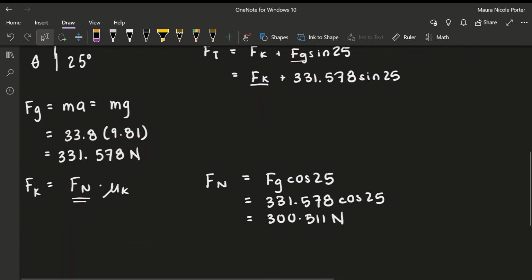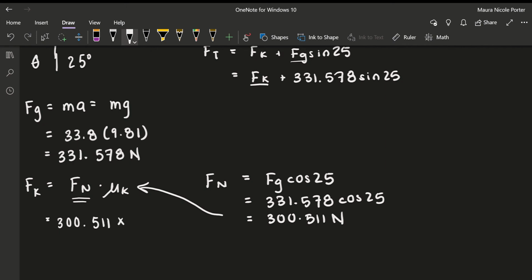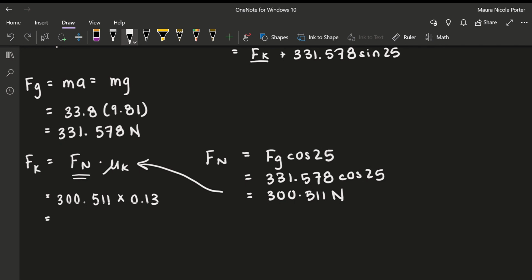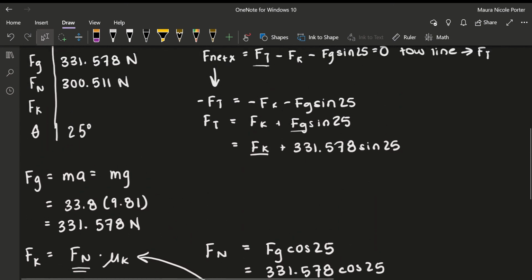So now we can come back over and we can bring this value into this equation. So we're going to get 300.511 times 0.13. They gave us that value in the problem. And that finally gives us 39.067 newtons for our force of kinetic friction.